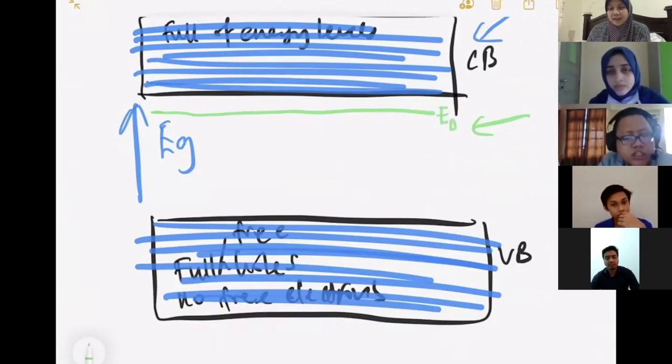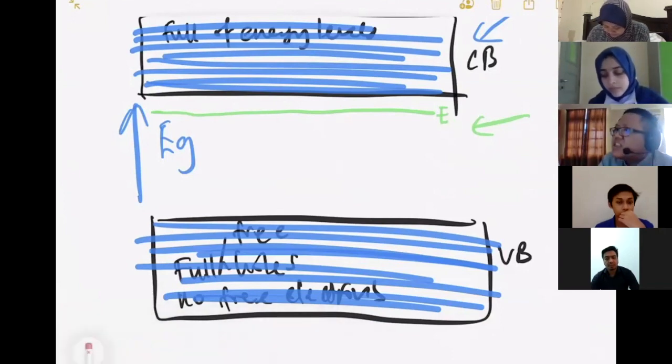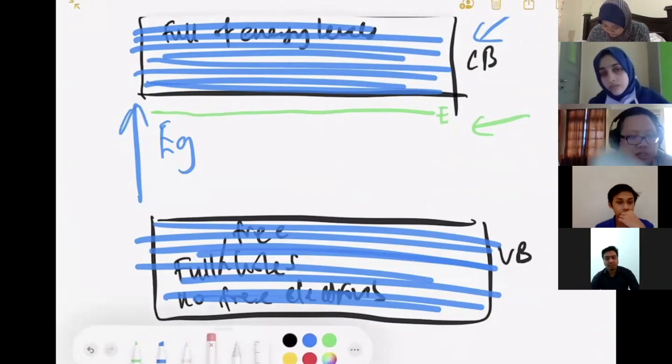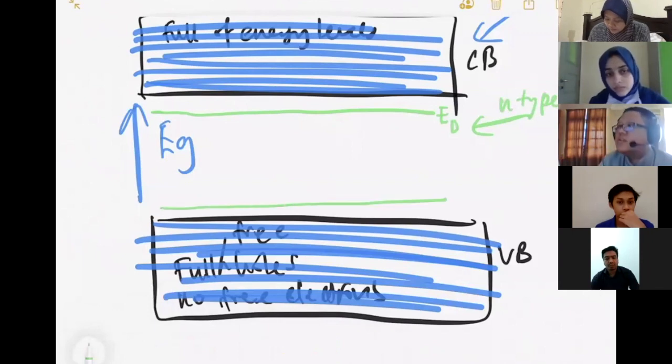And then if it's a P-type, it will be close to the valence band, the acceptor level. That is for N-type; if it's a P-type, it will be close to the valence band.